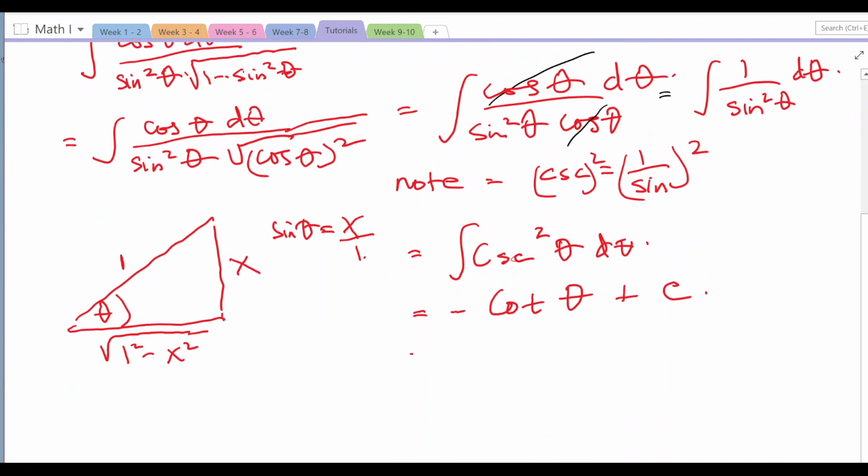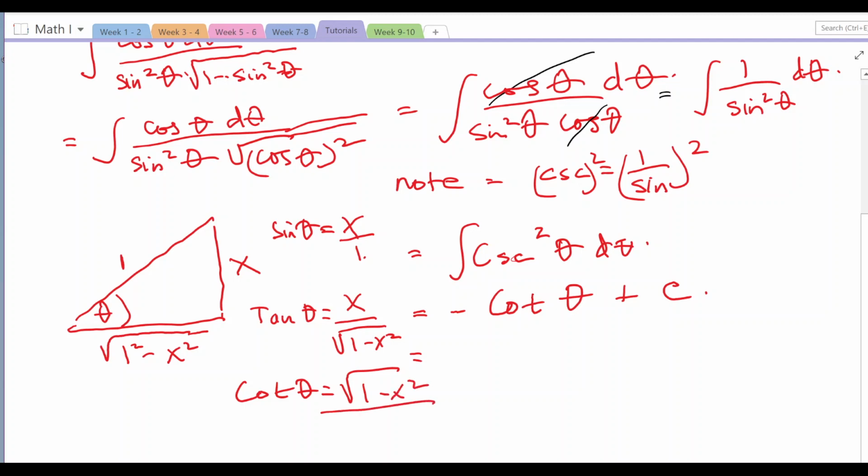So we know that tangent theta is x over square root of 1 minus x squared. Therefore cotangent theta is simply the adjacent, which is square root of 1 minus x squared, over x.